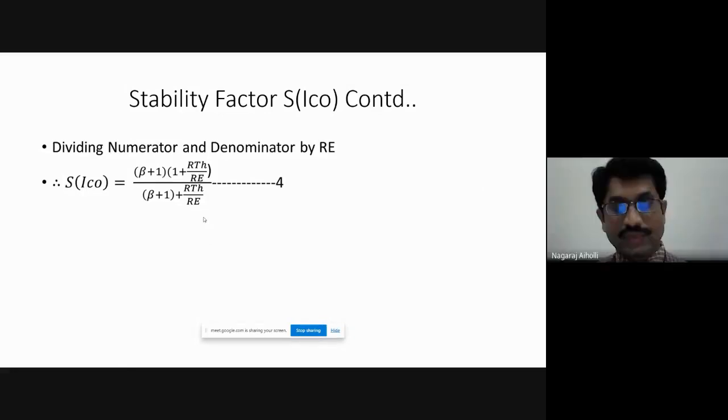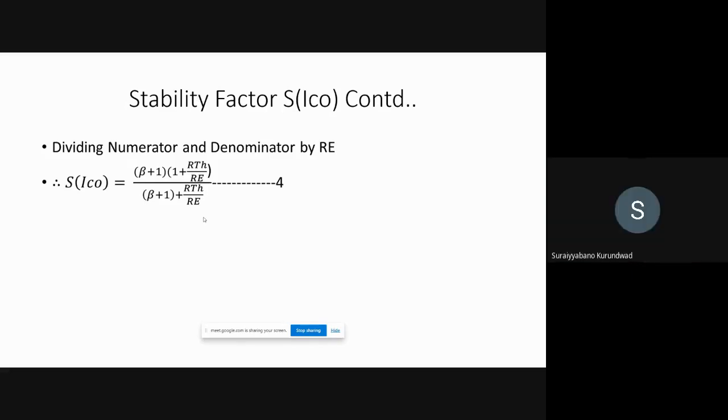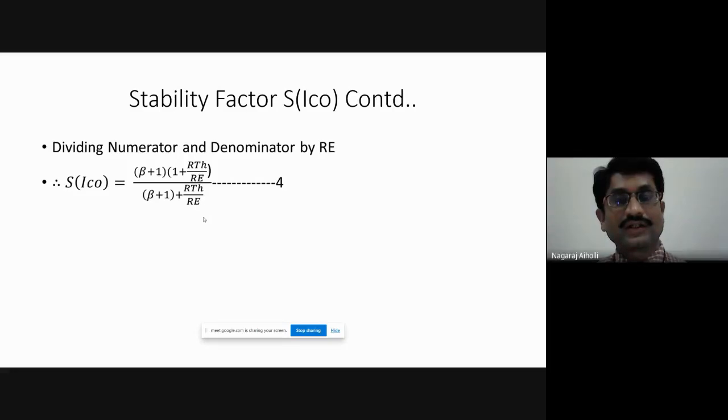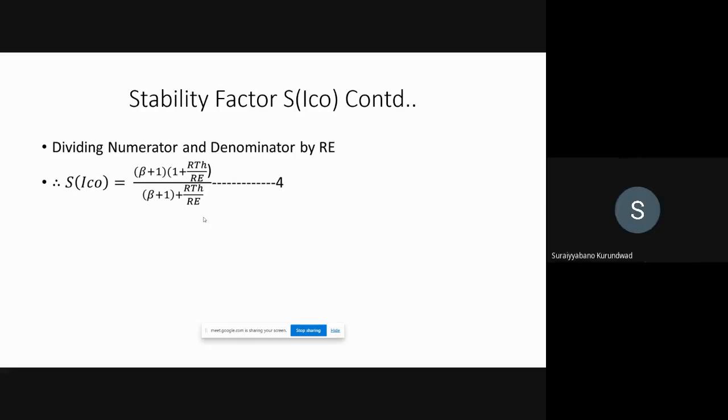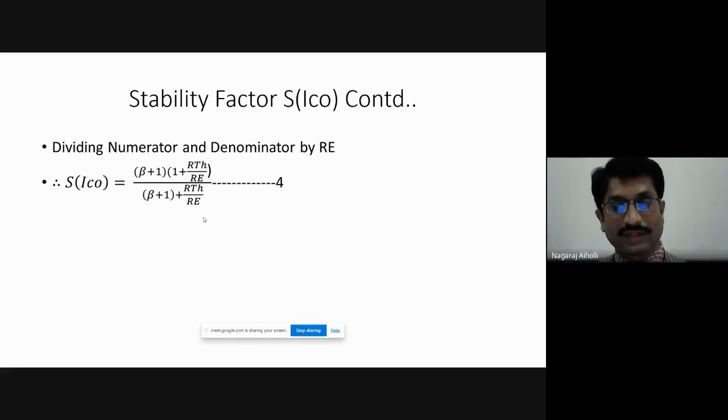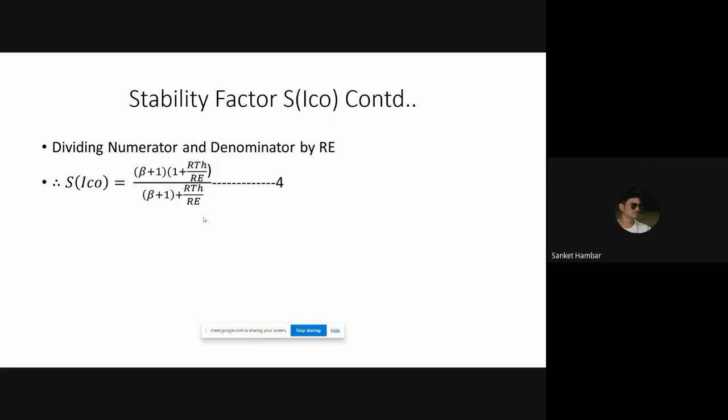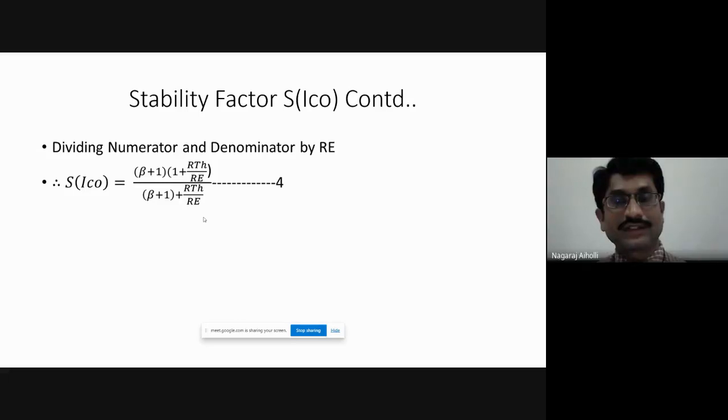Suraya Banu? Yes, sir. Derivations, you all understood how to derive? Yes, sir. Sanket, is it understood? Clear with the derivation? Any questions here?